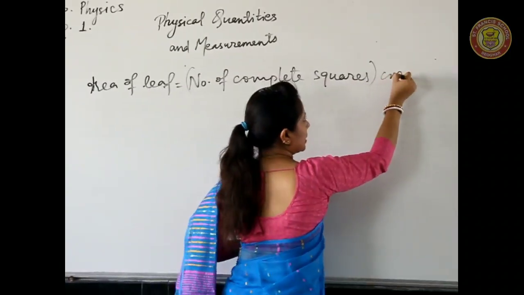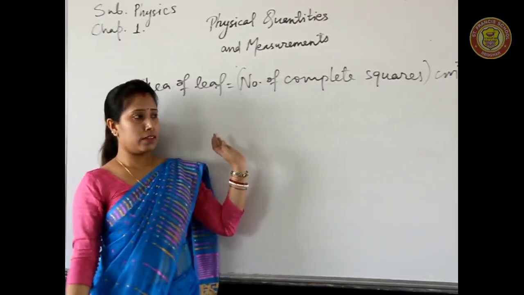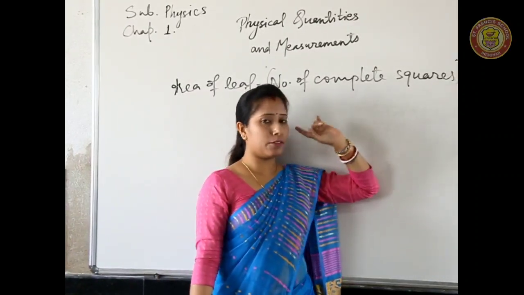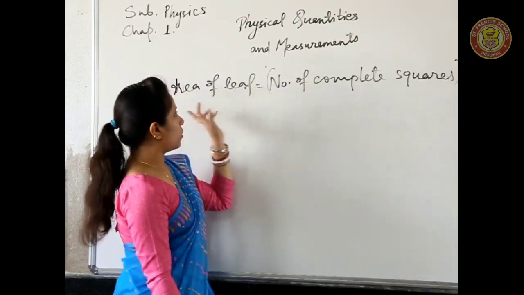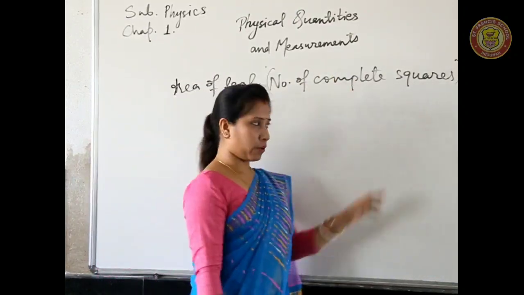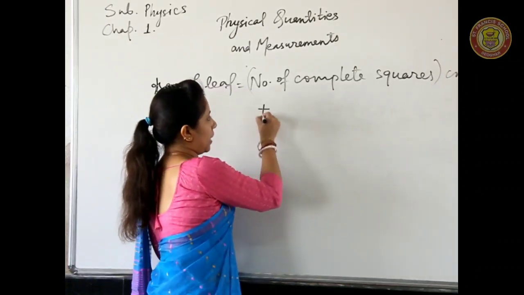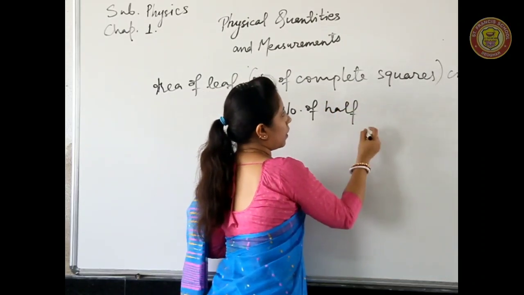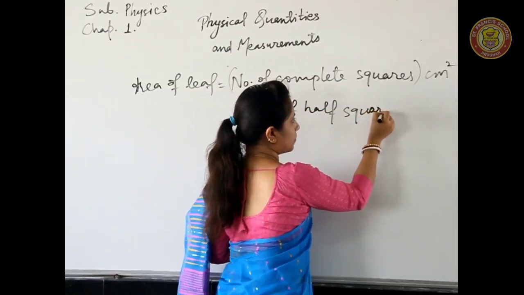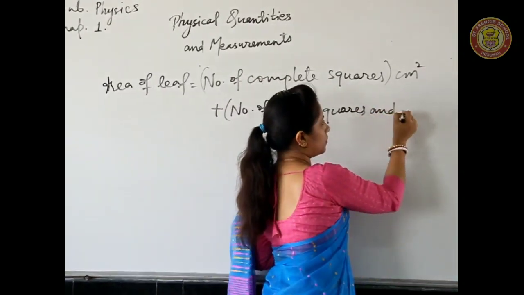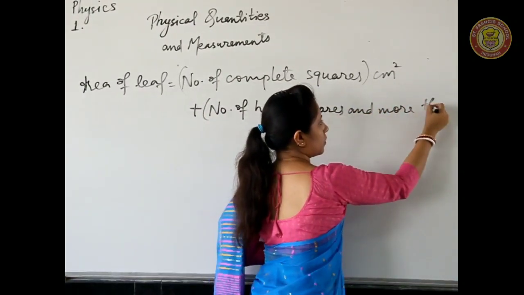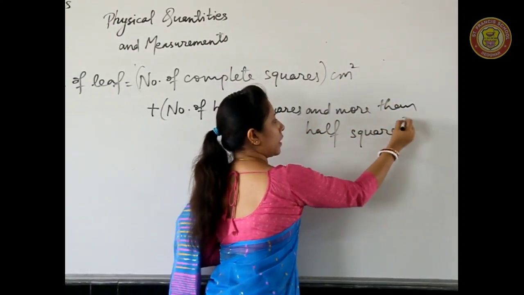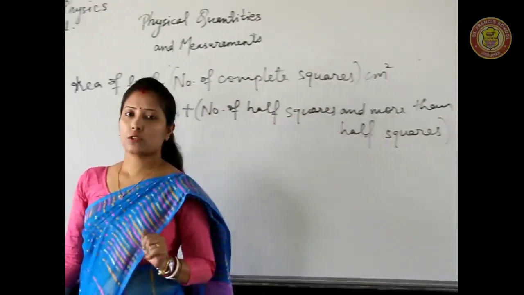The unit will be centimeter square, because I told you before that the squares of your graph paper are of the measurement 1 centimeter square. So area of leaf will be number of complete squares centimeter square plus number of half squares and more than half squares centimeter square.